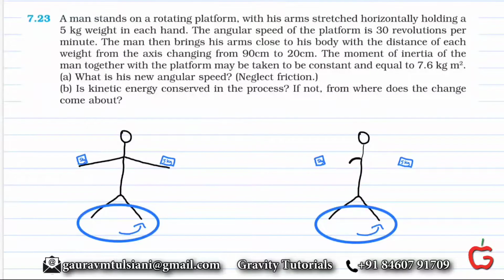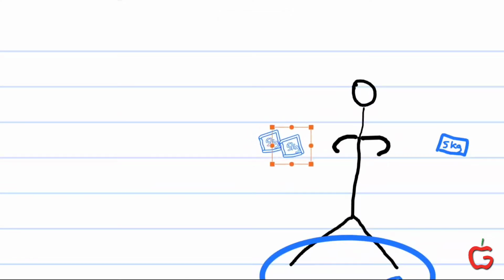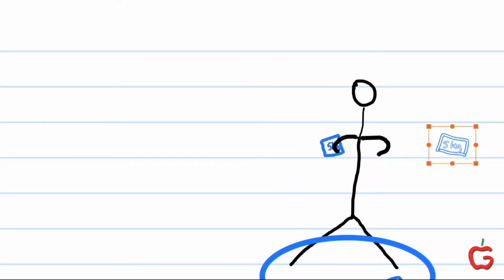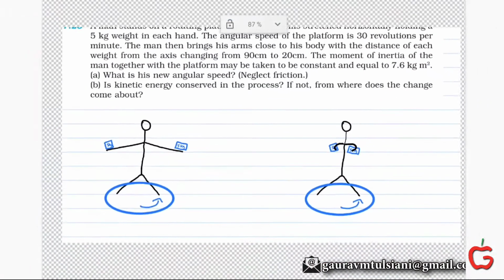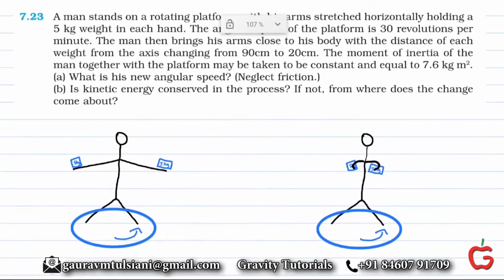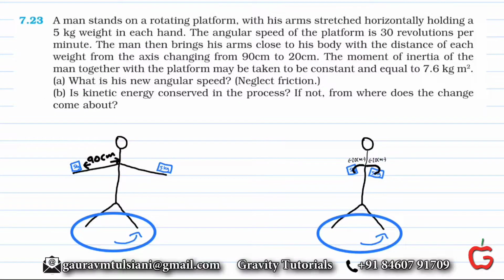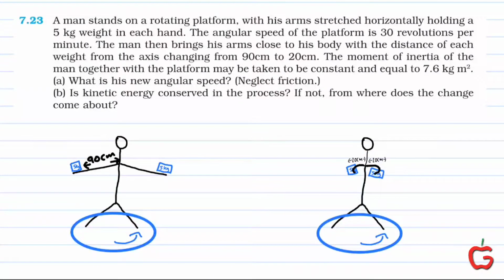So he brings these weights closer to him, and the distance of these weights changes. The weights previously were 90 centimeters away, and now each of them is 20 centimeters away from the axis of rotation, that is, from the man himself.